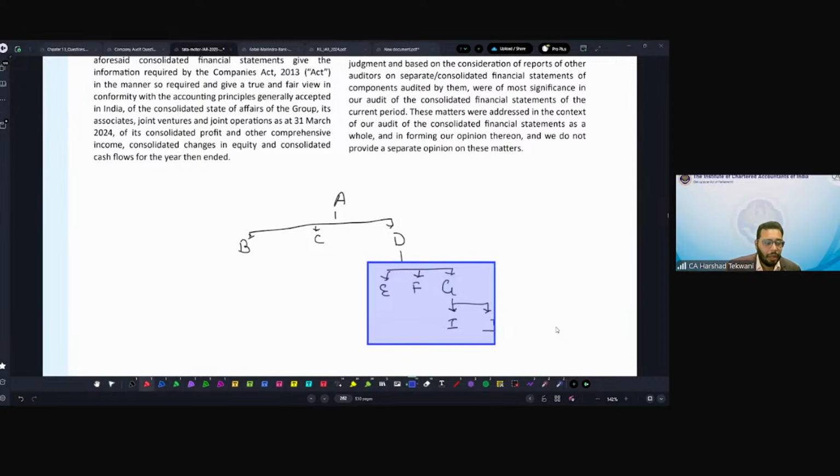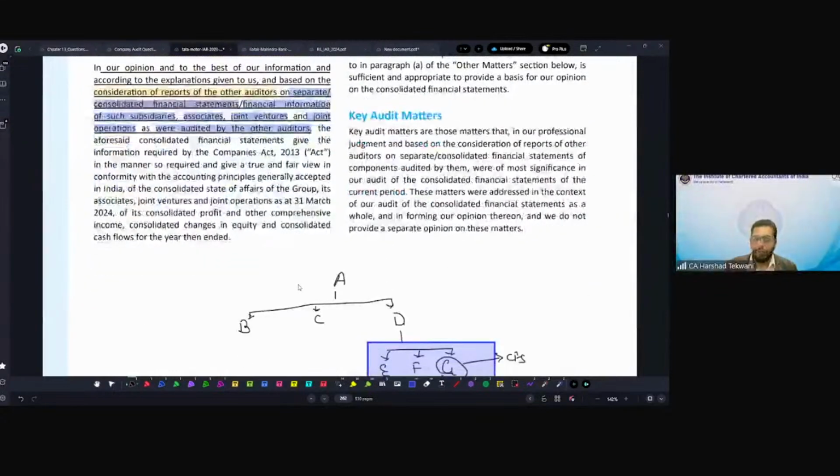In that case, based on the local law, G might need to prepare CFS for I and J. Then this CFS will be given to D, and D might give another CFS. So there could be a scenario where G is preparing CFS for I and J because outside India there are different requirements as per local law. And on the basis of that, they have to prepare the consolidated financial statement for the whole A holding company. That's why they are mentioning separate consolidated financial statements, financial information of subsidiaries, associates, joint ventures, joint operations as audited by other auditors.